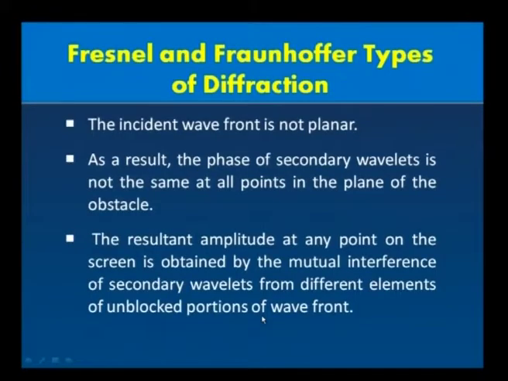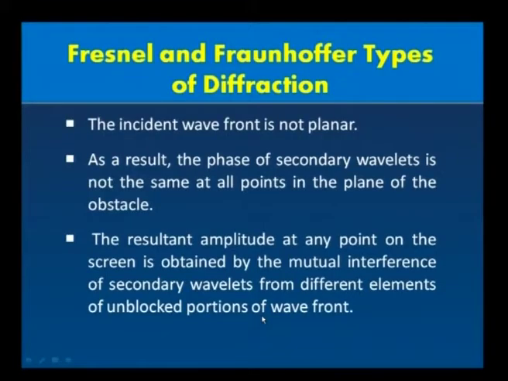As a result, the phase of the secondary wavelets is not the same at all points in the plane of the obstacle. The resultant amplitude at any point on the screen is obtained by the mutual interference of the secondary wavelets from different elements of the unblocked portions of the wavefront. This is what we are seeing with regard to Fresnel diffraction.